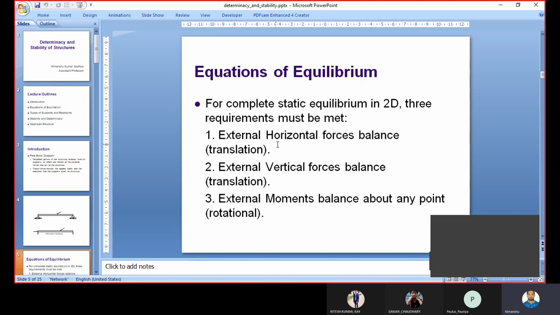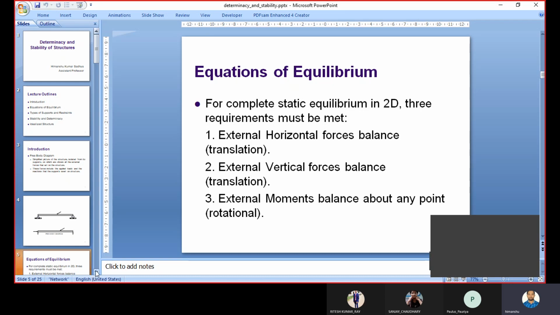One is the external horizontal force, another is the external vertical force, and the third is the external moment balance about any point, and it is caused maybe due to a horizontal or maybe due to a vertical force, but we have to consider only one at a time when we are talking about a 2D structure.